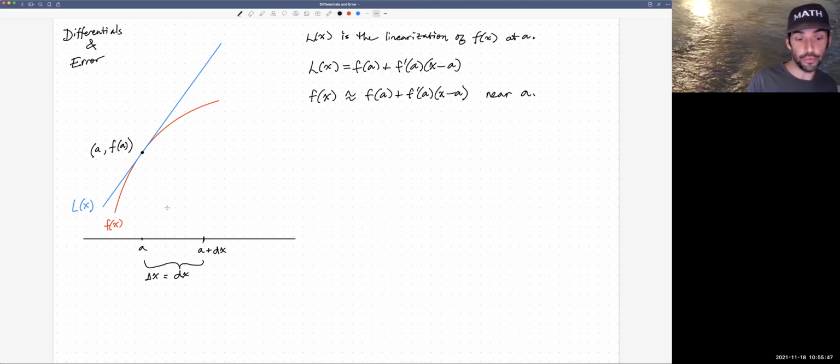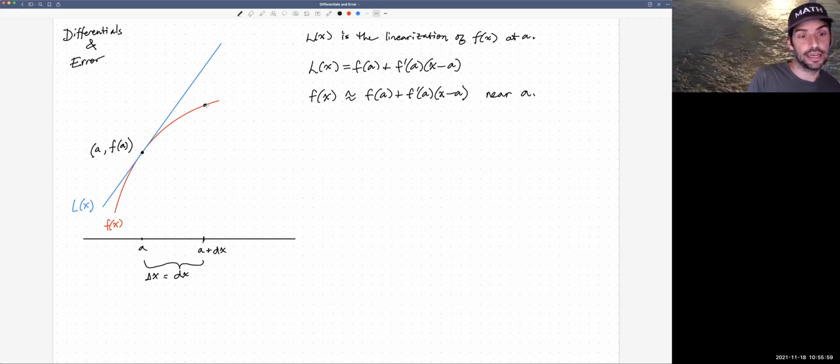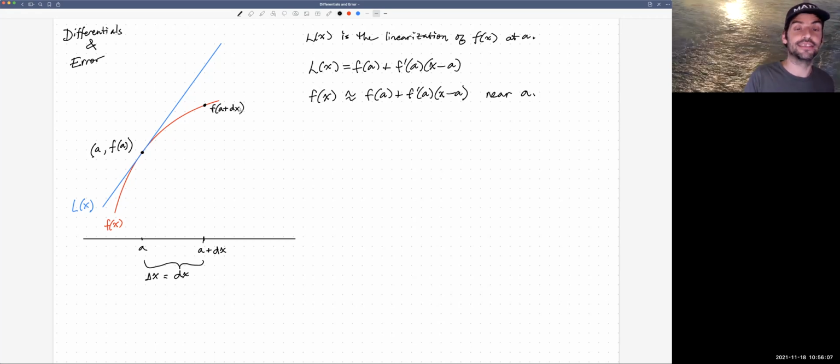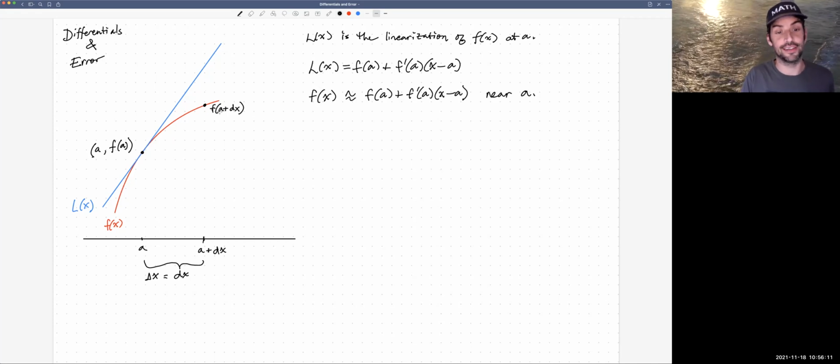So let's label some things on our graph. This point here, the height of this is going to be f of a plus dx. That's the output value of the function at this input a plus dx.